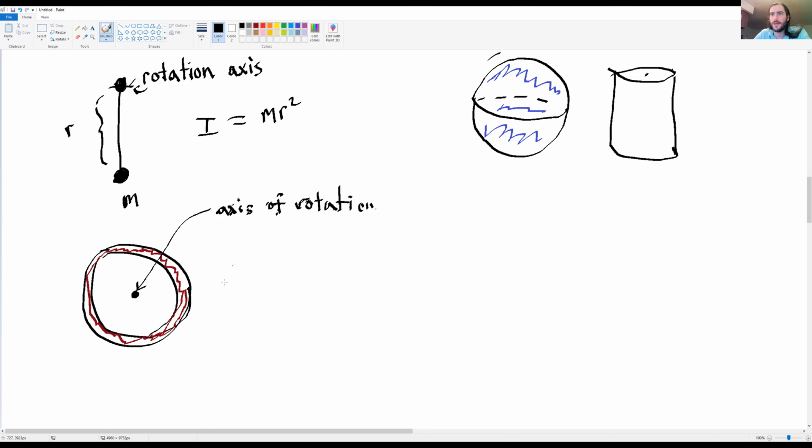Okay, if the axis of rotation is coming out through the center of the ring, then all of the mass is a distance r away from that central axis of rotation.